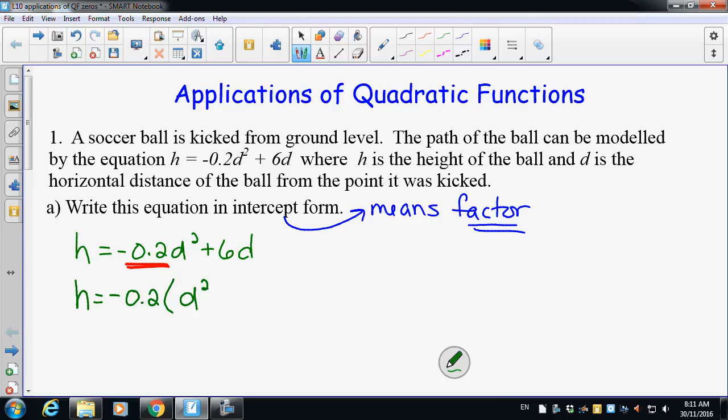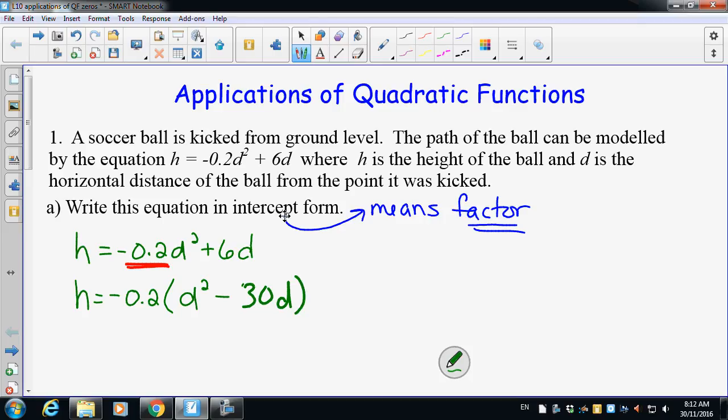That leaves me with d squared minus, and I'm going to get my calculator out just to make sure I don't make a mistake in my head this morning. 96 divided by negative 0.2. And I'm going to get 30. Oh, I'm already making a mistake. If you've noticed, playing along, let's stop for a minute and see if we can figure out the mistake I've made. A couple, actually.